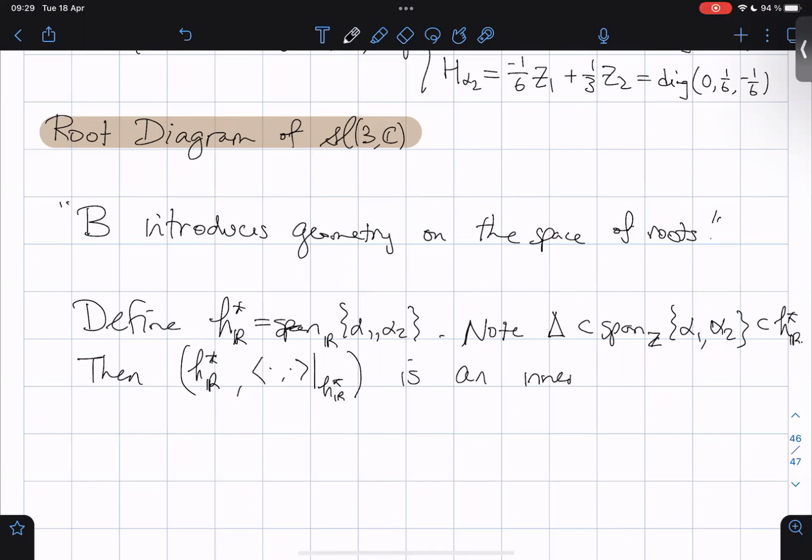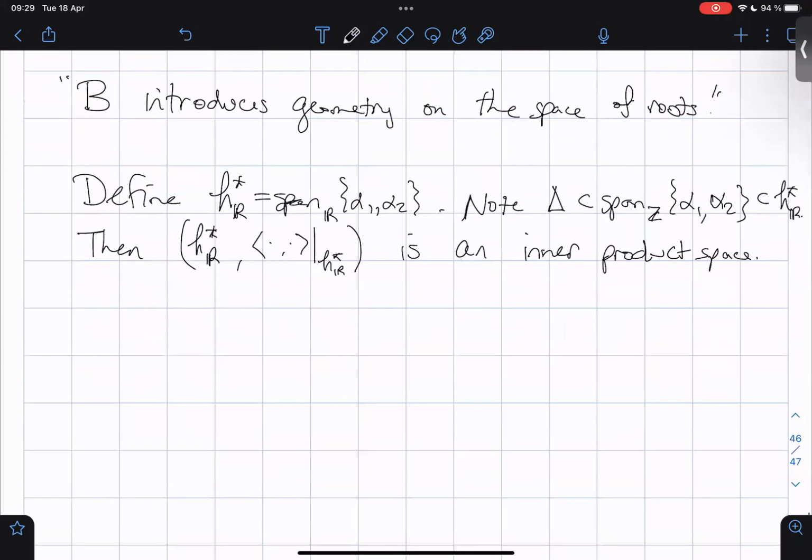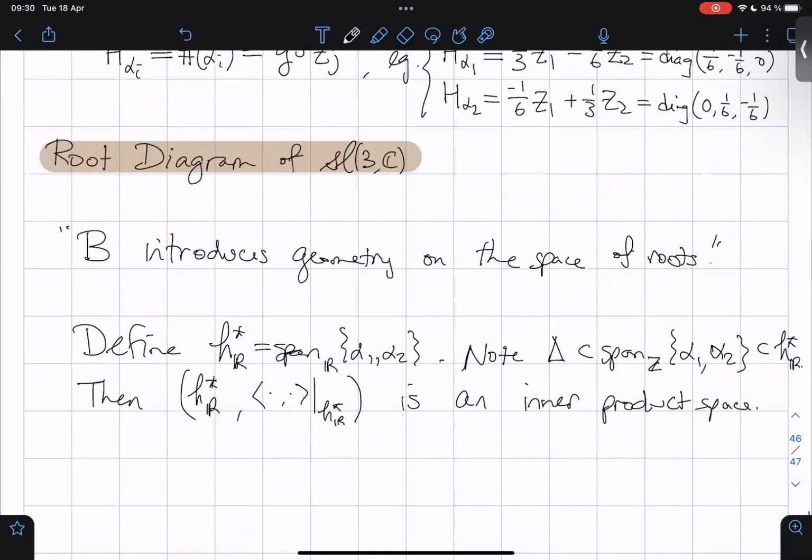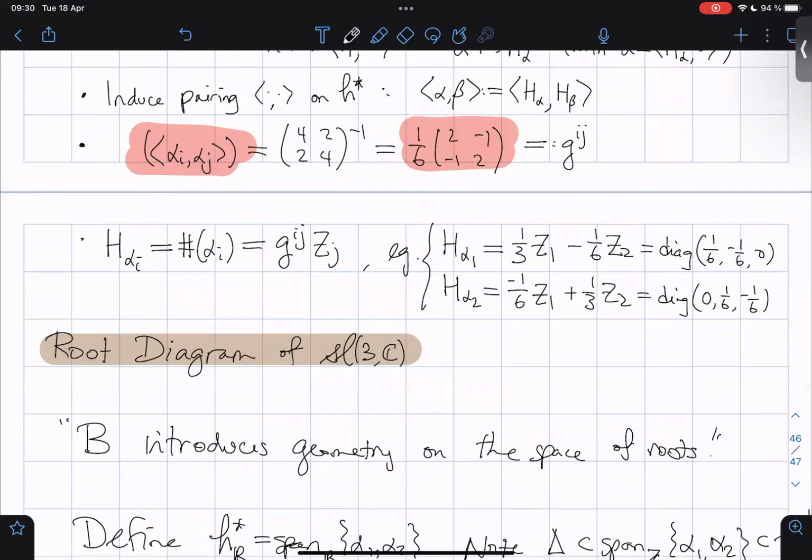So this is an inner product space. There are some details to check here: we should take this form and check that it's positive definite. So I have to check what the eigenvalues of this are. The 1/6 doesn't actually matter for determining whether this is positive definite, since it's a positive number. So let's just get rid of this.